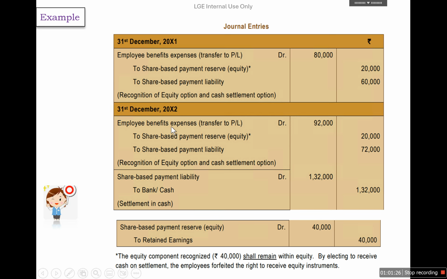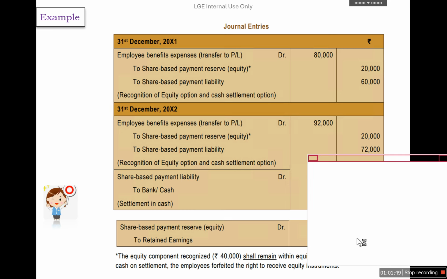And next year also it will be booked 20,000 for equity instrument and 72,000 for the liability. So 92,000 will be expensed, and share based liability 1,32,000 to the bank if it is settled in cash. And for the equity portion, share based payment amount will be transferred to the retained earning, because option is not exercised.